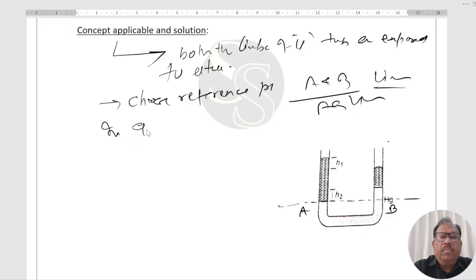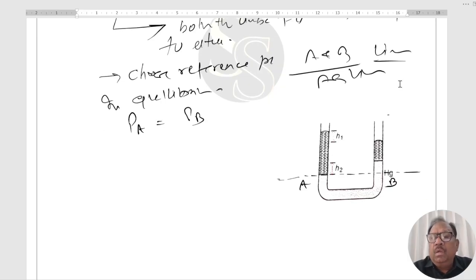Therefore, in equilibrium, PA equal to PB. What will come in PA? Only mercury is there. So this height is H. So this complete height will become H1 plus H plus H2.